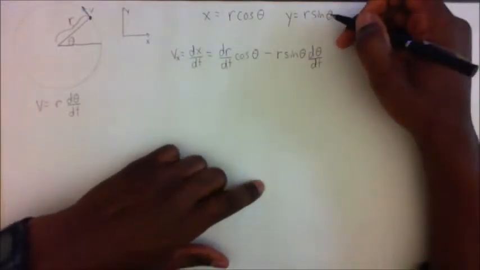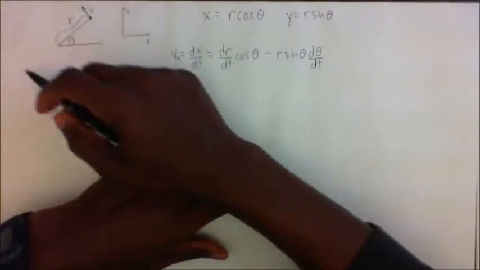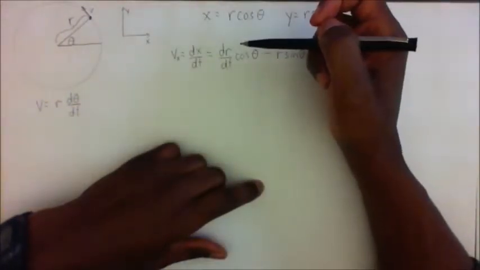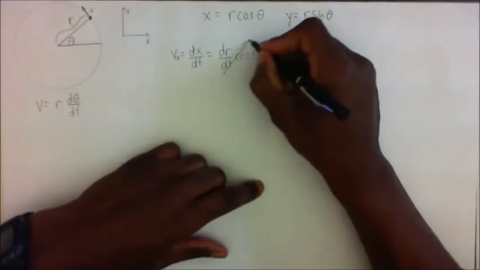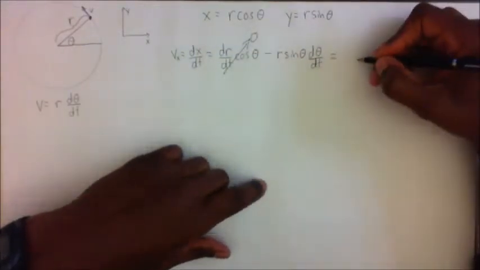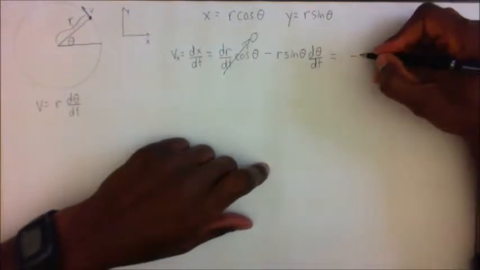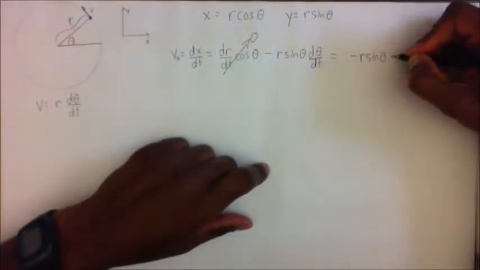But as we said, it's going to be a constant radius since it's a circle. So the change in radius with respect to time is 0. And so now the velocity in the x direction is just minus r sine theta times d theta over dt.